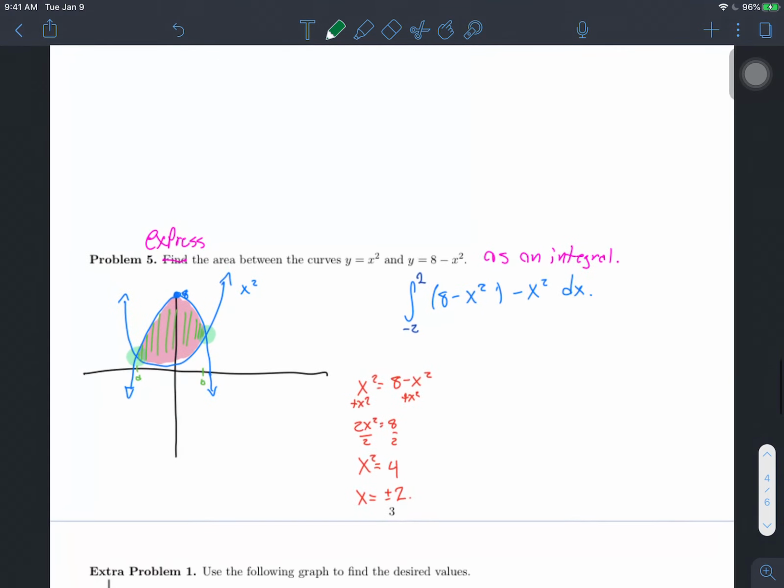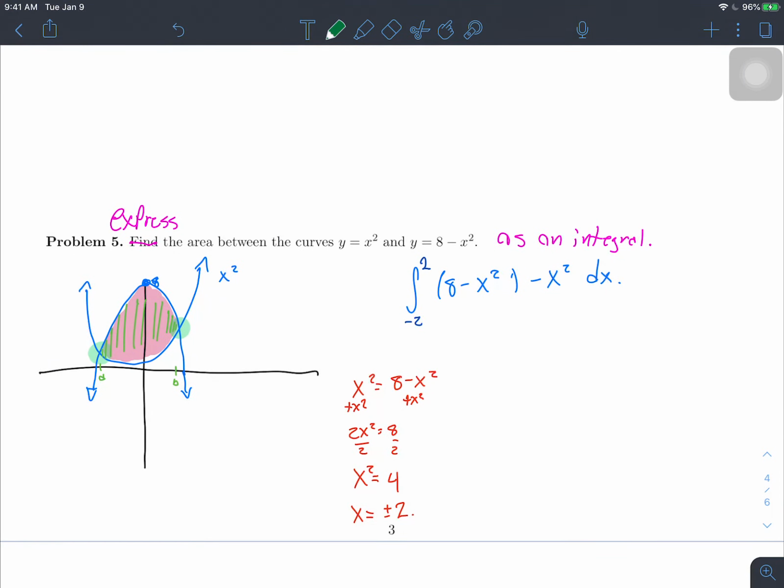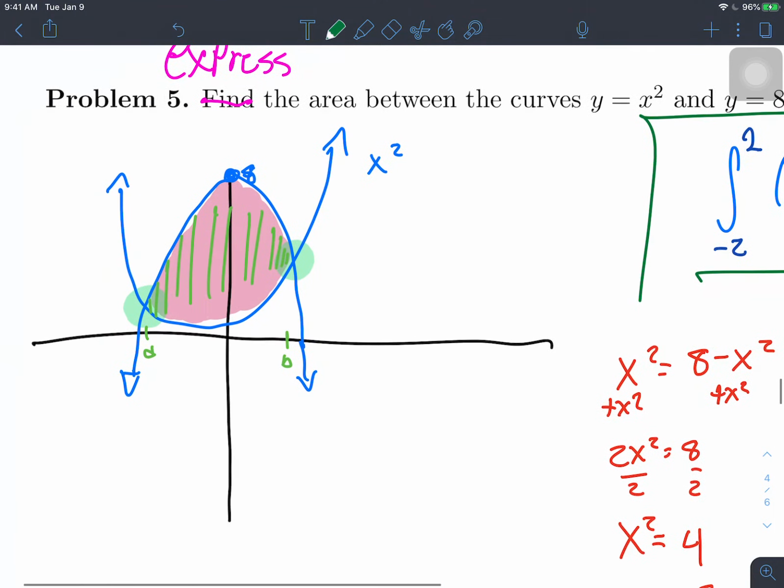Oh yeah, that's because the problem just asked us to express the area between the curves as an integral, which we've done. That's this integral here. If you did it and found that area, that would be the area between those two curves. And what is it really?